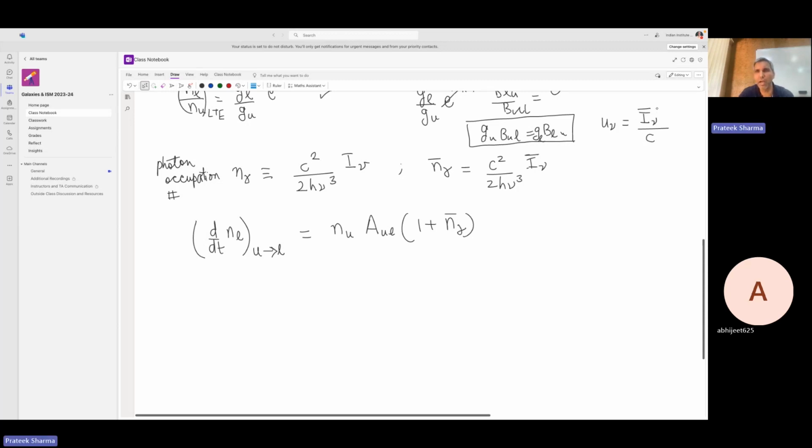So I nu is energy per unit area per unit time. When you divide this by c, you get the energy density, and then you multiply by 4 pi, so you're averaging over all solid angles. So this is the relation between the photon energy density and the specific intensity or mean intensity.